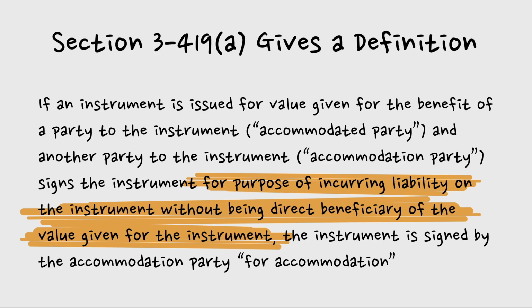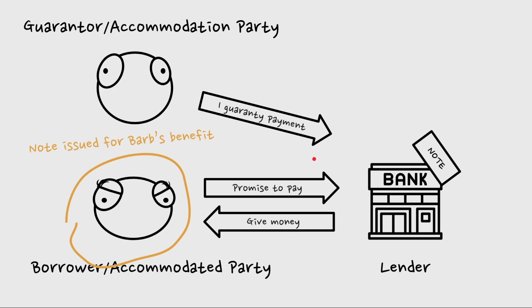So the issue then is, what is the party, right? We just labeled our parties in the previous diagram, right? We previously labeled the accommodated party as being Barb, and the note is issued for Barb's benefit, and she's the one getting the value that's being given for the note, right?